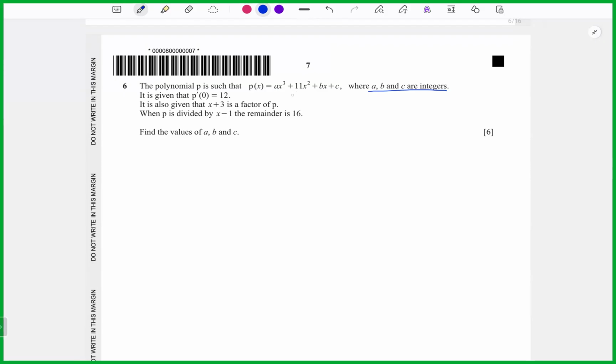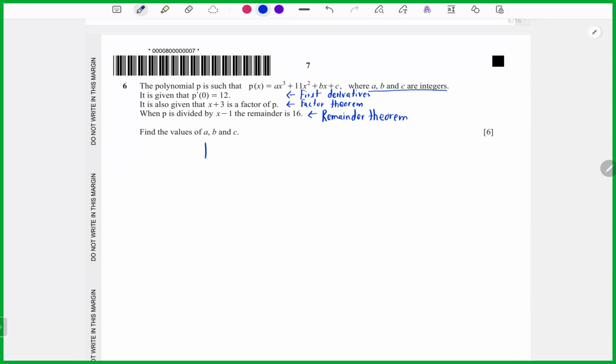For this part, you need to know this is a first derivative. For this part, you need to use the factor theorem, and for this part, you need to use the remainder theorem. Let's start now.